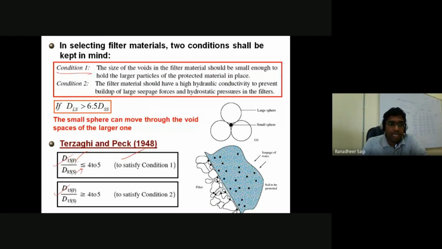Next, the ratio of the D15 value of the filter to the D15 value of your soil should be greater than or equal to 4 to 5. When I calculate this ratio and it satisfies this, then I can say this second condition is also taken care of by that particular filtration medium I am going to use in the construction of the filter.